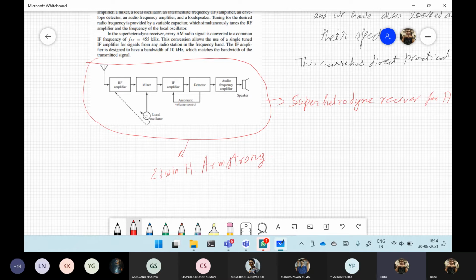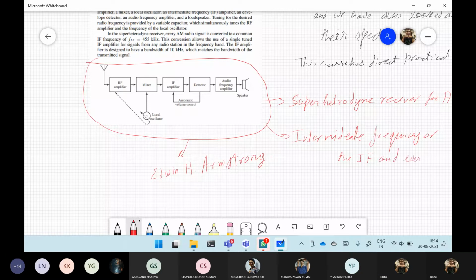we use a tuner, or a variable local oscillator. A variable local oscillator is easy to generate, you know, a voltage controlled oscillator or such stuff. So those things are easy to generate. So we have a variable local oscillator that uses a variable frequency so that all the incoming frequencies are translated, and the frequency you desire or want to work with is translated to something called the intermediate frequency.